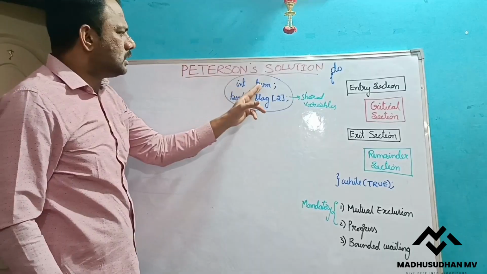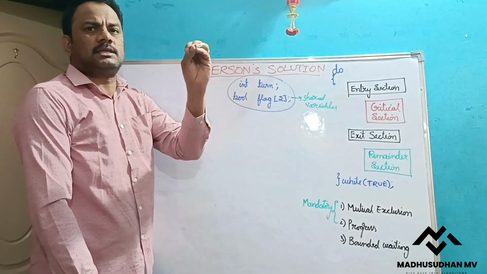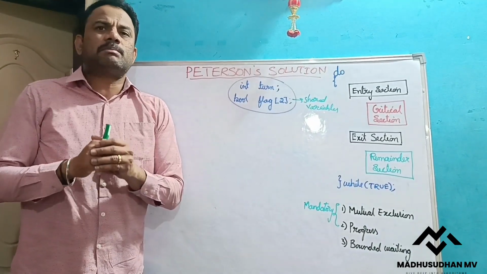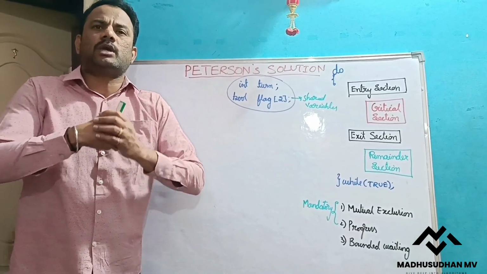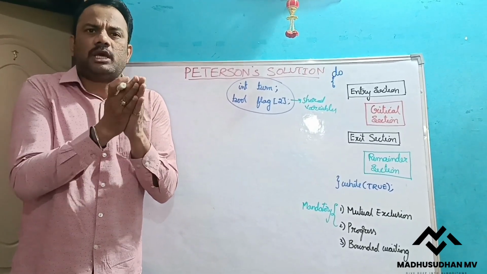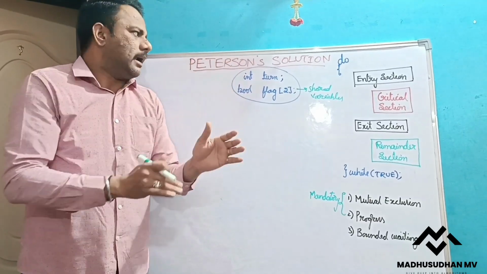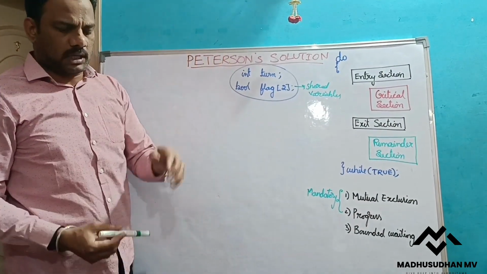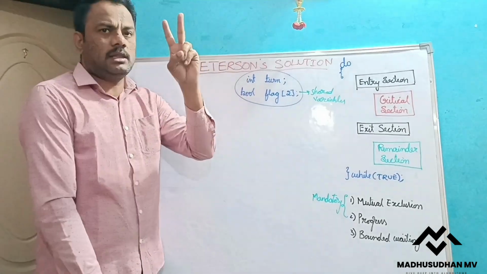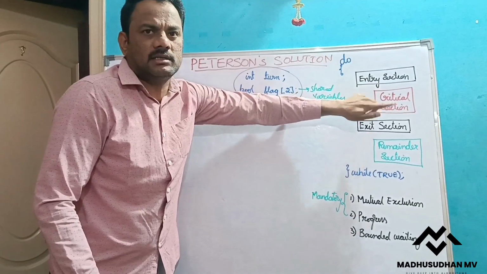Now here, what is turn? The turn indicates which process's turn it is to enter into the critical section, because we cannot simply give permission to everyone. Our operating system has to specify that this is the time for such and such process to enter. And this Peterson solution is applicable only for two processes. That means only two processes are in the race to enter into the critical section.